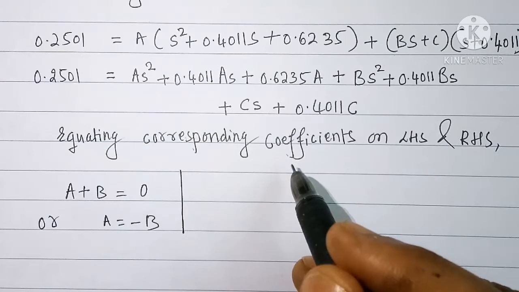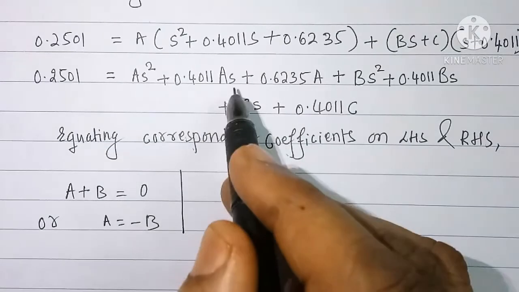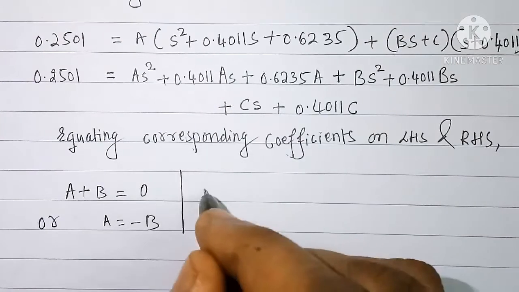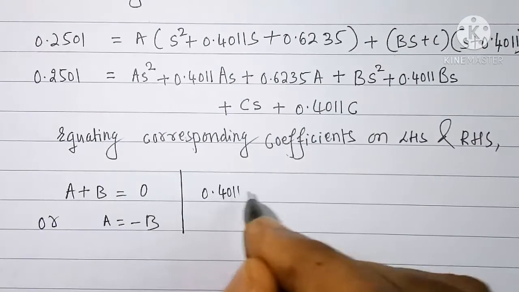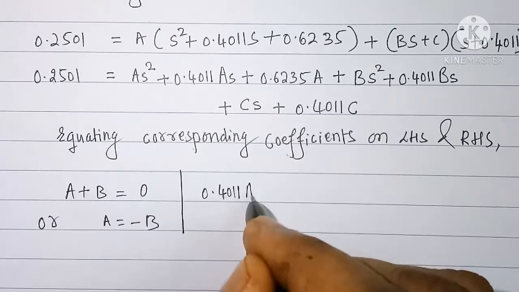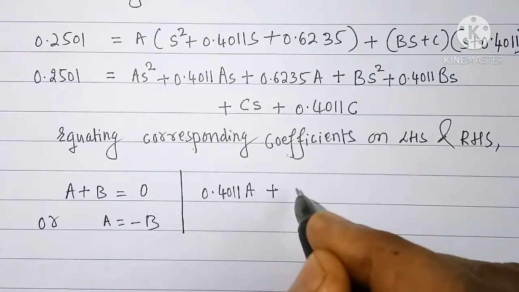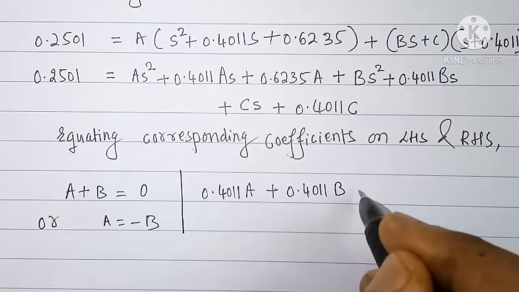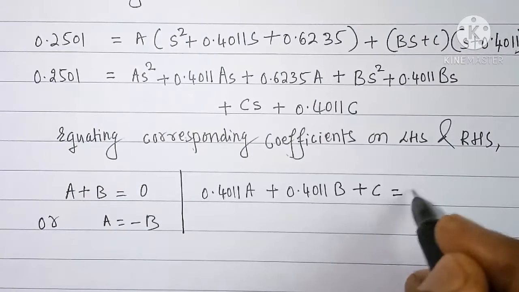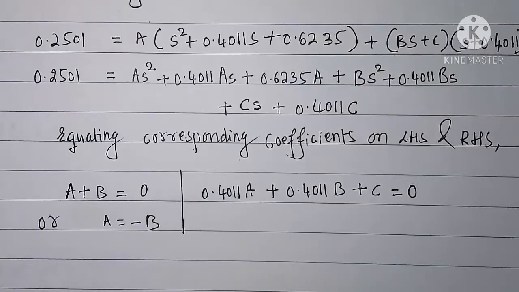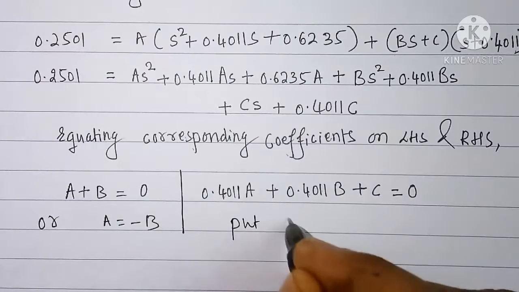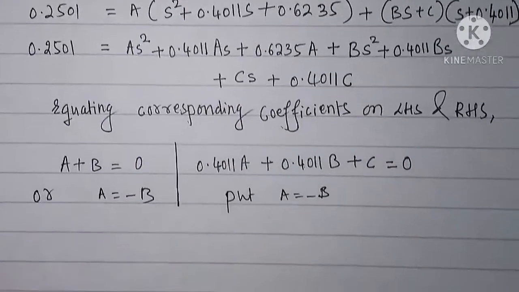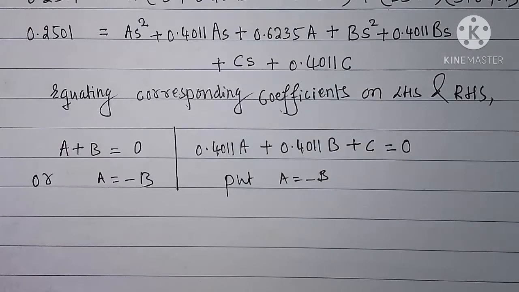Now equating the coefficients of s on LHS and RHS, 0.4011 a plus 0.4011 b plus c equal to 0. Now we can put a equal to minus b and simplify.